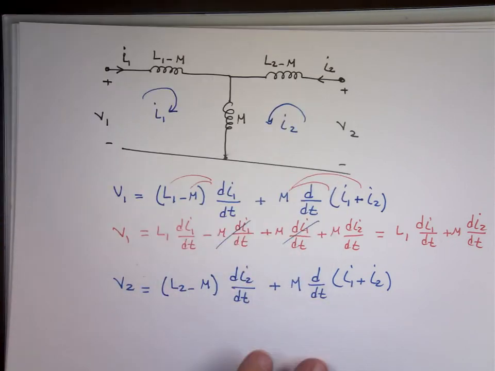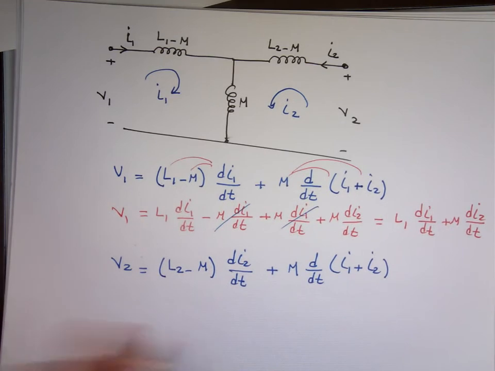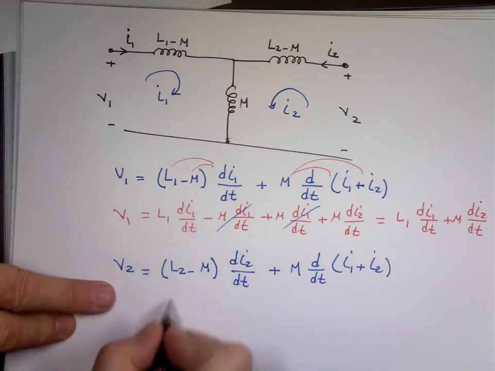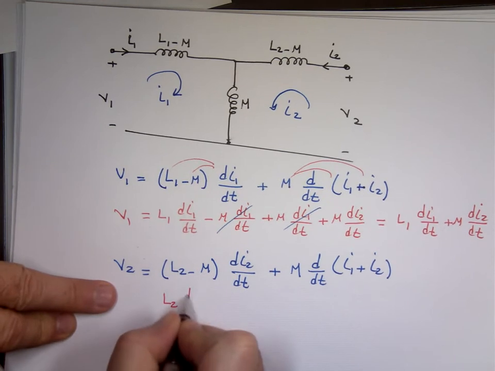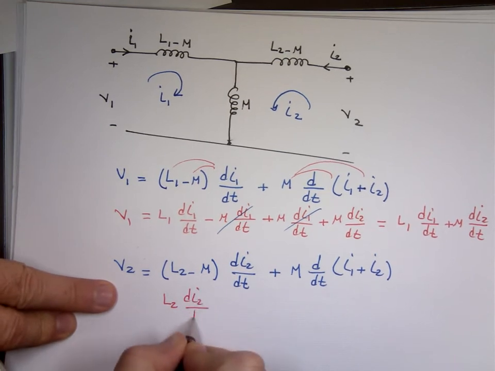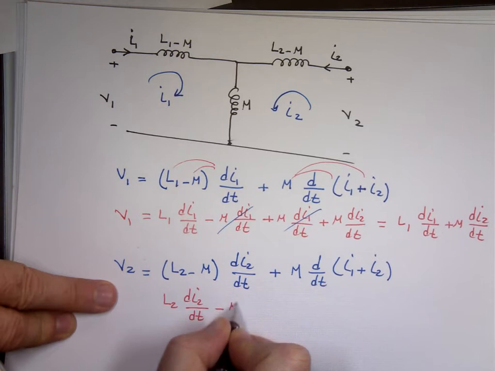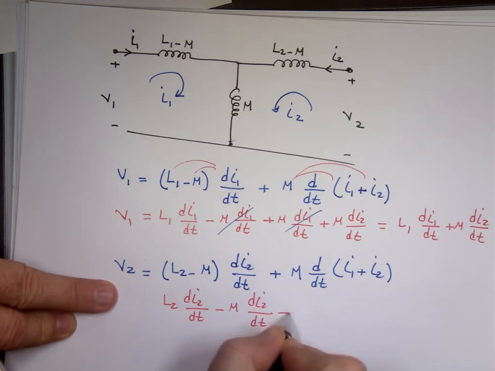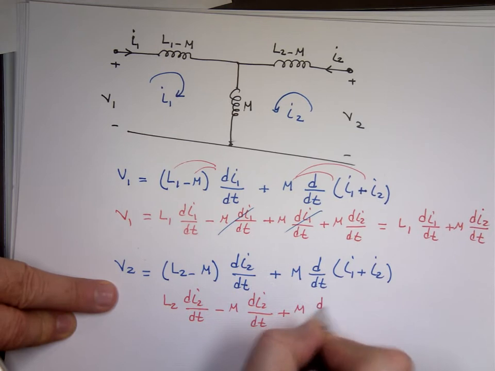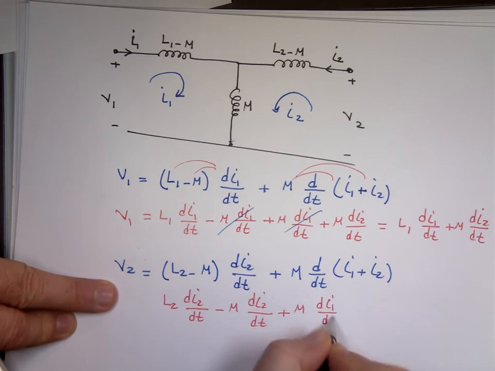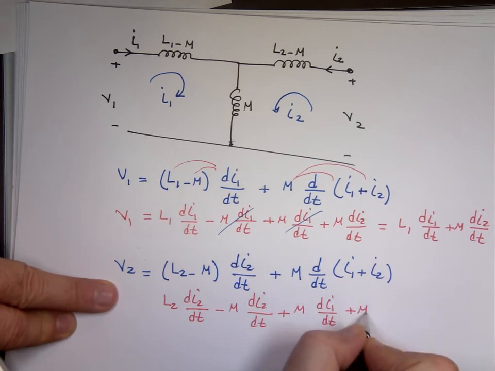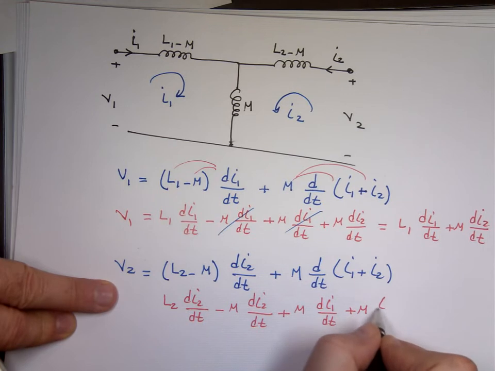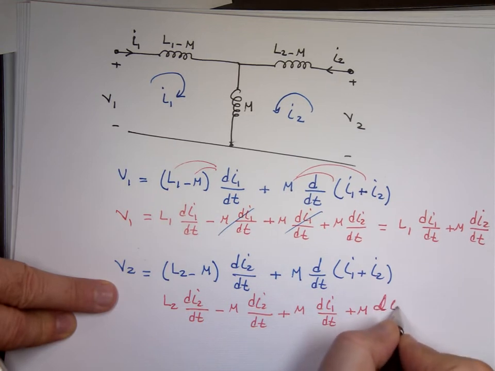Let's see what V2 is. Distribute that. That would be what? L2 di2 dt minus M di2 dt plus M di1 dt plus M di2 dt.